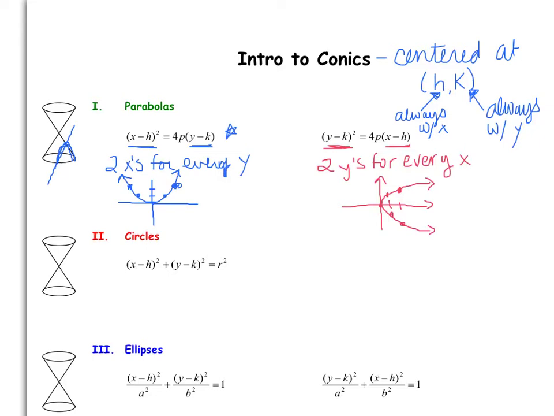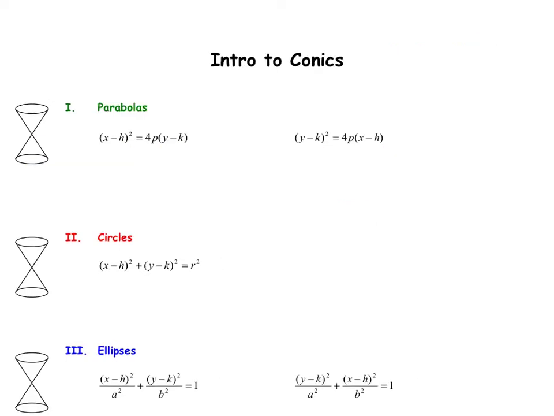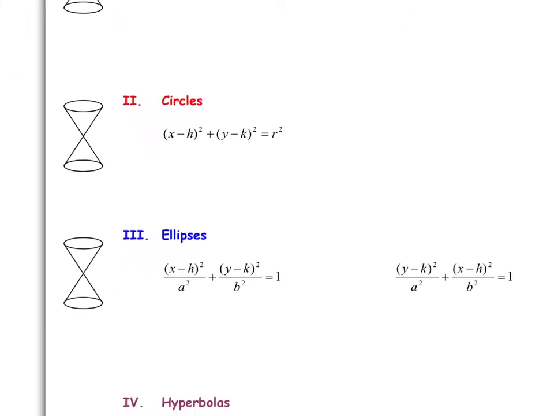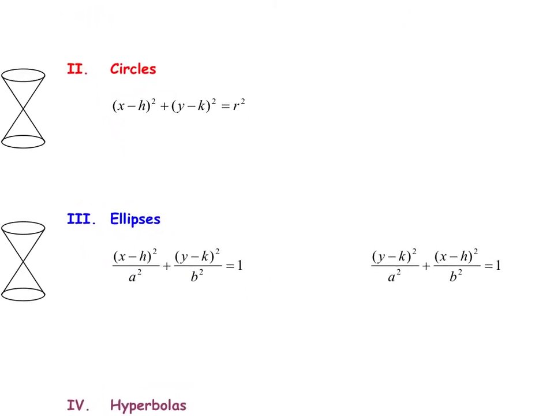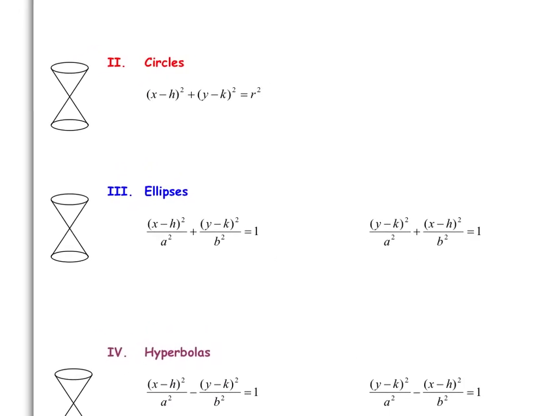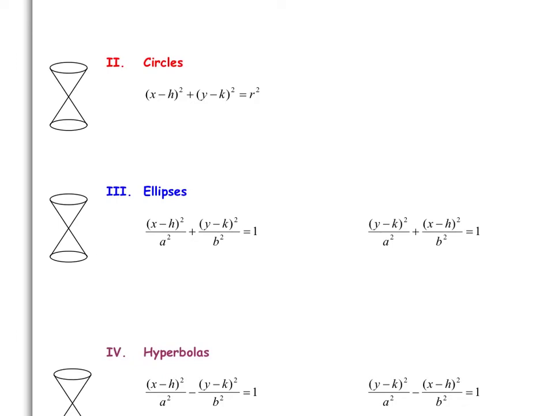Alright, now let's look at the circle equation. The circle equation is x minus h quantity squared plus y minus k quantity squared equals r squared. So how is a circle formed? A circle is formed when you cut this double cone with a plane horizontally. It's going to make a circle right there.